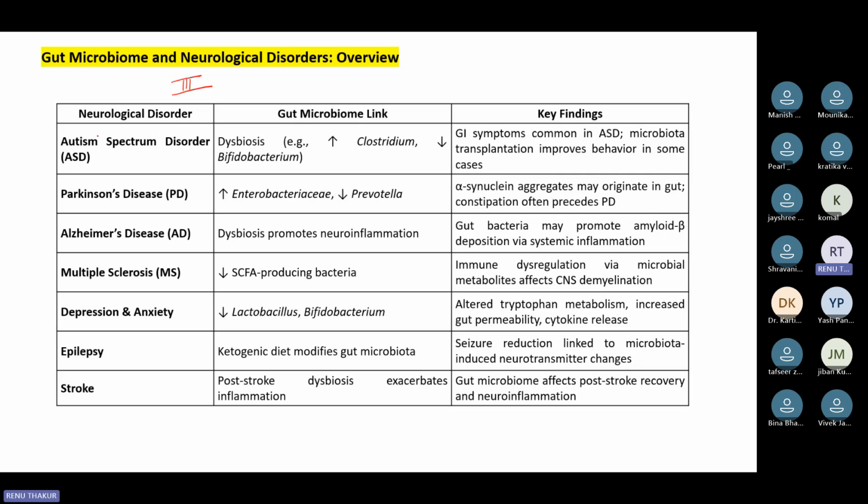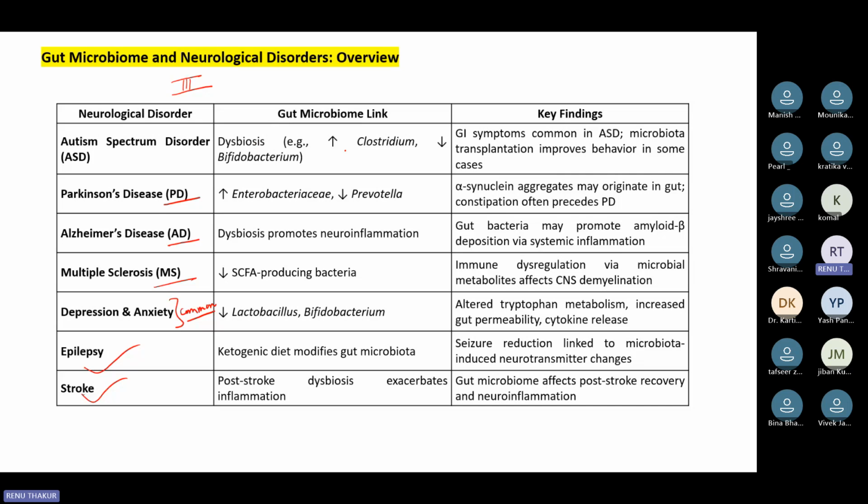So you can expect autism spectrum disorder, Parkinson's disease, Alzheimer's, which is very common, sclerosis, and anxiety and depression are the most common ones. Even a student of class 10 has depression and anxiety now. Epilepsy, stroke. All these are neurological disorders which you can expect if you have an altered gut microbiome.